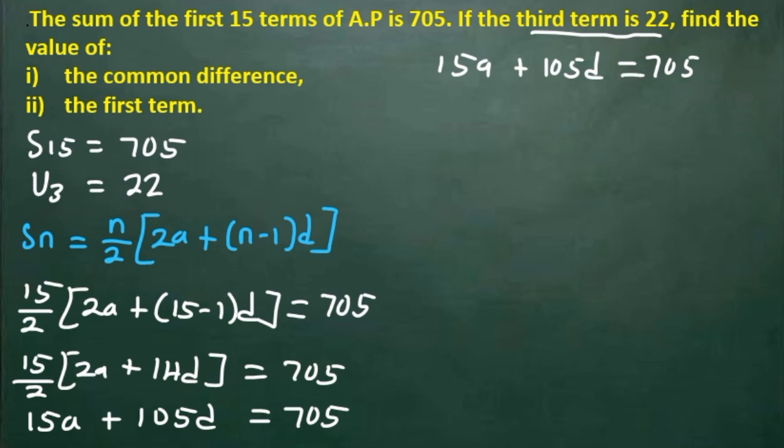This is being divided by 5, so let's divide through by 5. 15 divided by 5 will give us 3a, plus 105 divided by 5 will give us 21d, and 705 divided by 5 will give us 141. Alright, so let's call this equation 1.